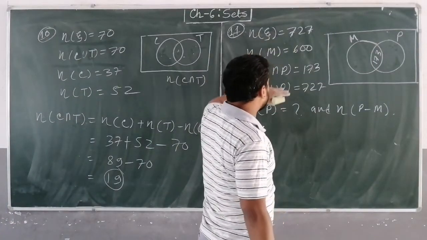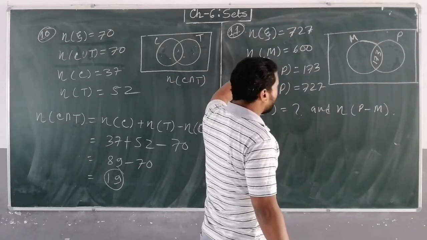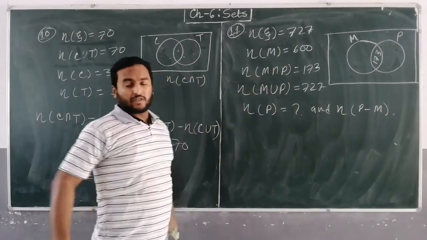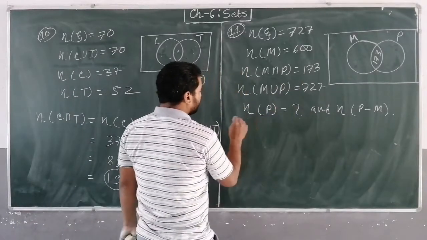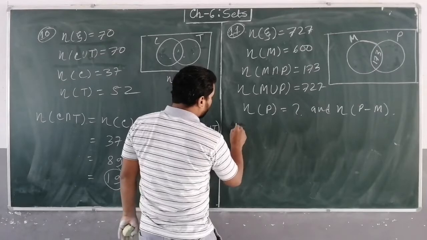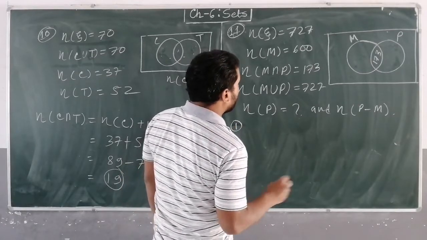The universal set equals the union, which is given. Intersection is given. N of M is given. So if you want to find n of P, first the cardinality of physics.